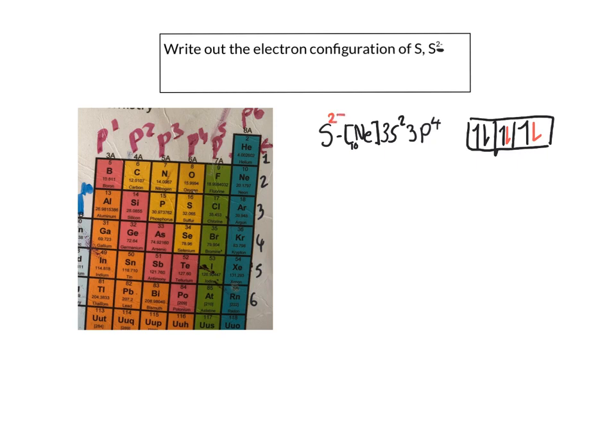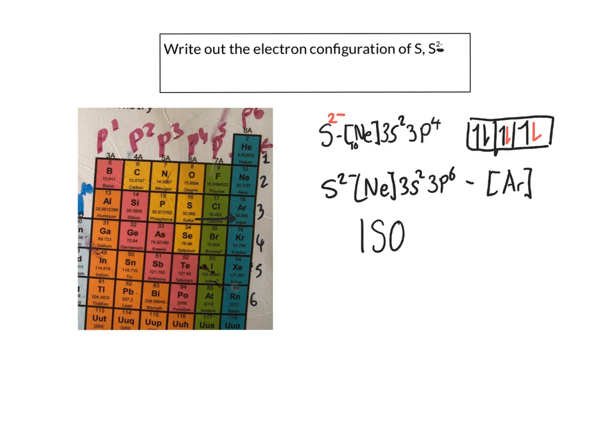And therefore the electron configuration of S2-, the sulfide ion, is Ne 3s2 3p6. But now sulfur has become isoelectronic with argon. So we can now say that it has the same electron configuration as argon. We say it is iso, meaning the same, electronic. It has the same electron configuration as that of a noble gas.